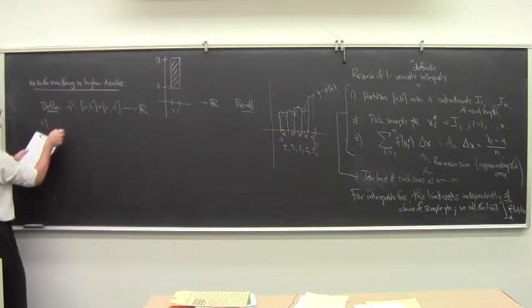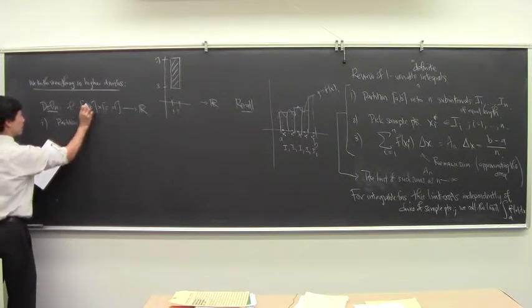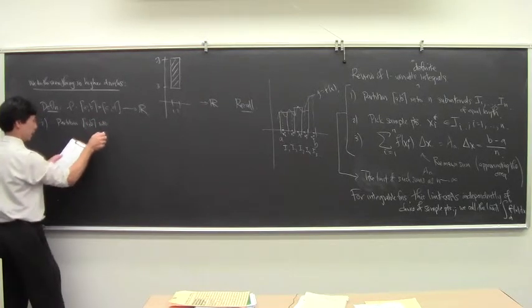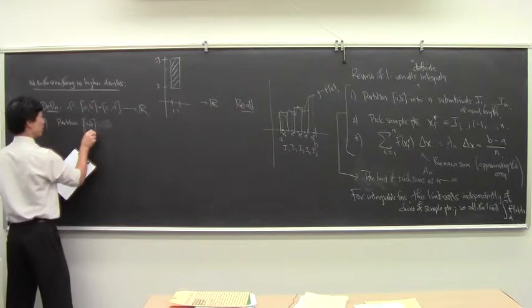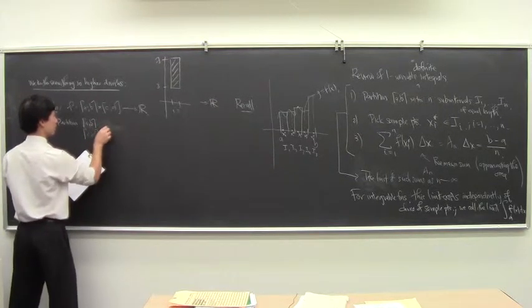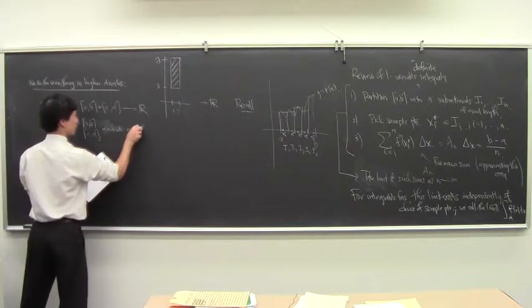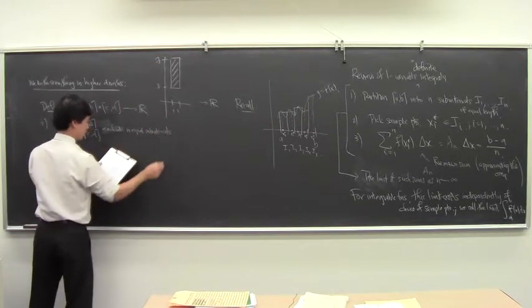So here's what we do: partition [a,b] and [c,d] both each into n equal subintervals, right?